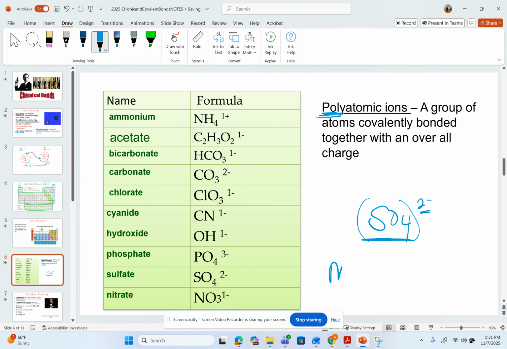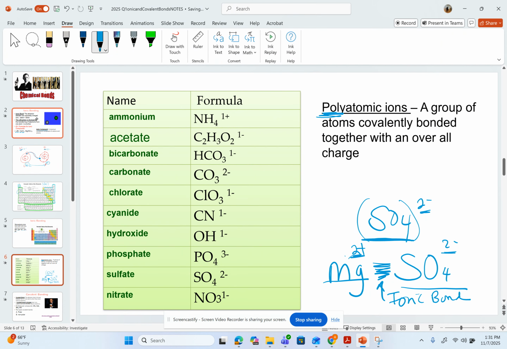For instance, magnesium has a +2 charge, sulfate has a -2 charge. So when magnesium loses its 2 valence electrons, this guy is going to gain them. So there's this attraction between this monoatomic ion and this polyatomic ion, and this is an ionic bond.